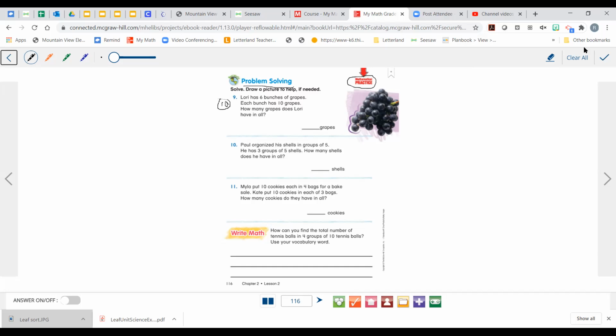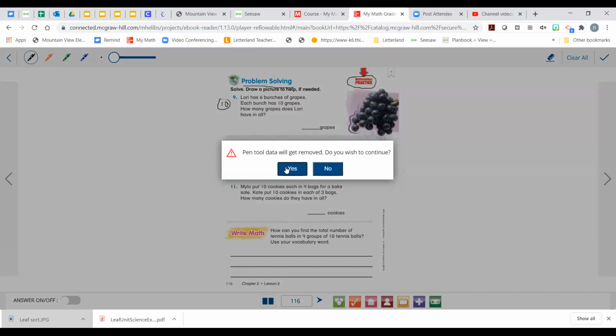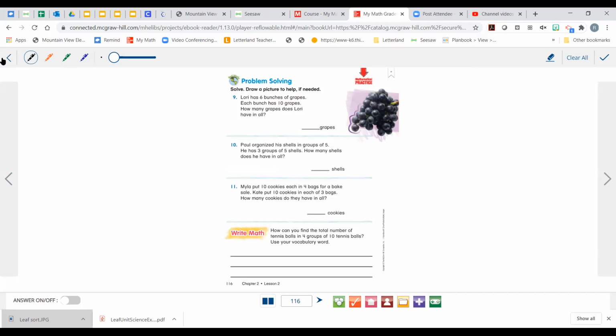All right, let me clear all. And go back to the pointer. Now I want to come down to Write Math. It says, how can you find the total number of tennis balls in 4 groups of 10 tennis balls? So this is basically telling you to do the same thing as up here, but it's just not worded the same.